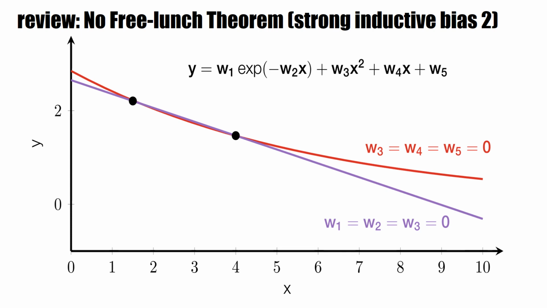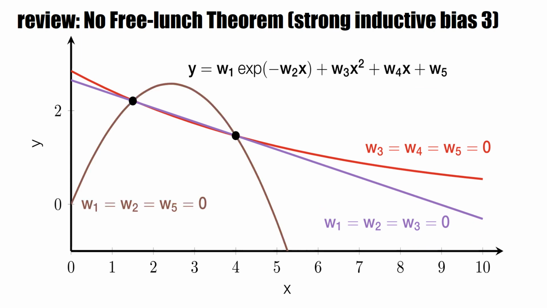Another example of a strong inductive bias would be, for some reason we know that W1, W2 and W3 are 0, in which case we are left with W4 times x plus W5, and we can fit with a straight line. A third possibility is that we know that W1, W2 and W5 are 0.